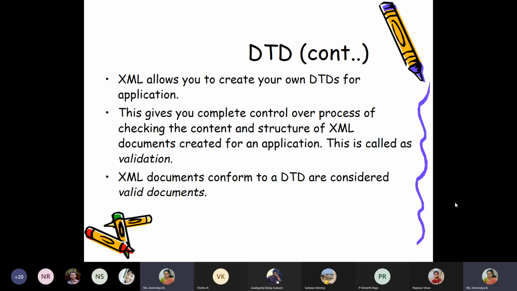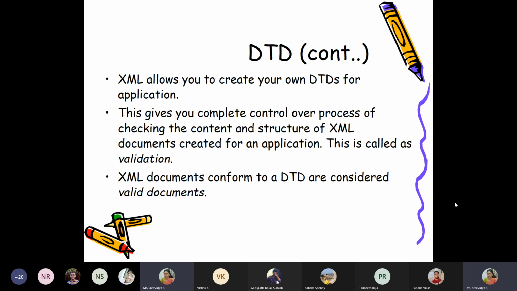So basically, creating your own DTD gives you complete control over the process of checking the content and structure of XML documents created for an application. And that process is called validation. So making sure that an XML document follows the DTD you have created is referred to as validation. Remember that point.